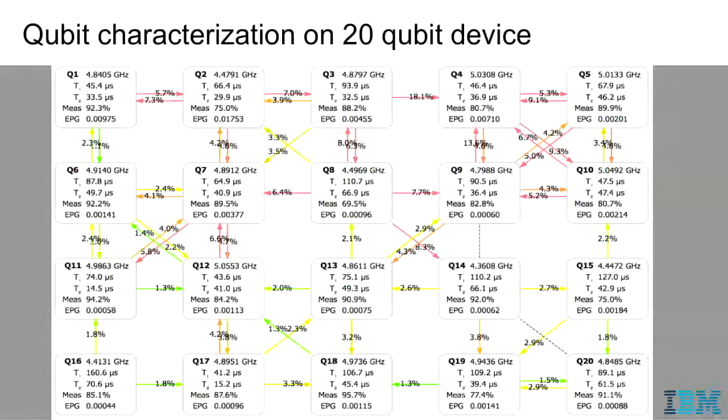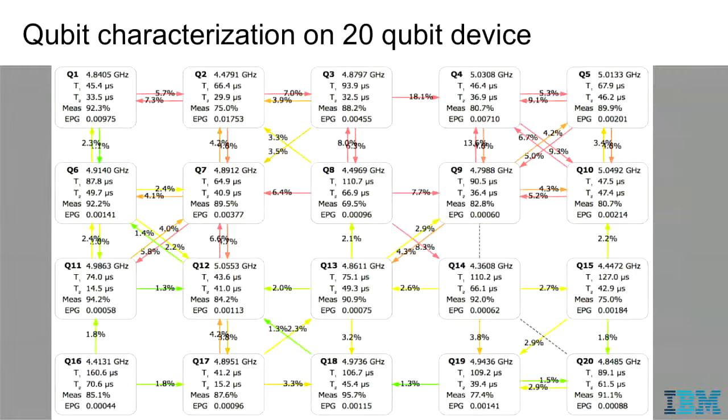Here is probably what you might want to see, our new 20-qubit device. Here there are 20 qubits with all the couplings. It's showing the T1, T2s, and the CX gate errors between the pairs that are coupled. As you see, we have decent T1 and T2s for all the qubits.